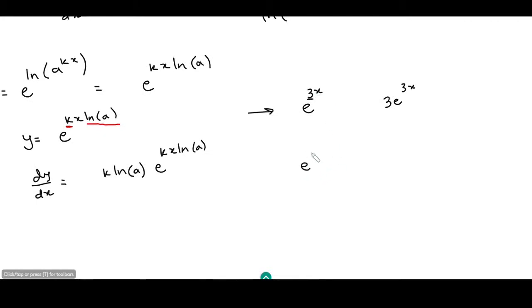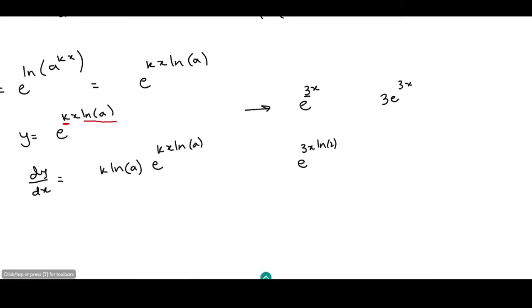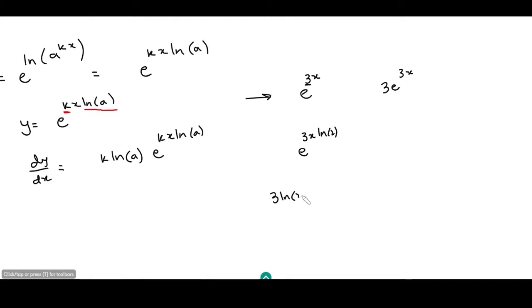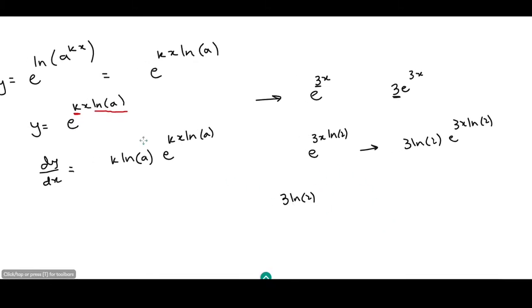So now if you have e to the 3x ln of 2, the constant is 3 ln 2. So the entire constant comes down. The derivative of this would be 3 ln 2 e to the 3x ln of 2. I hope that's clear. We've brought down the entire constant and we've left the x by itself.